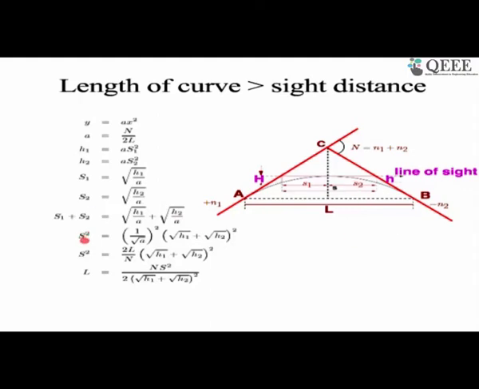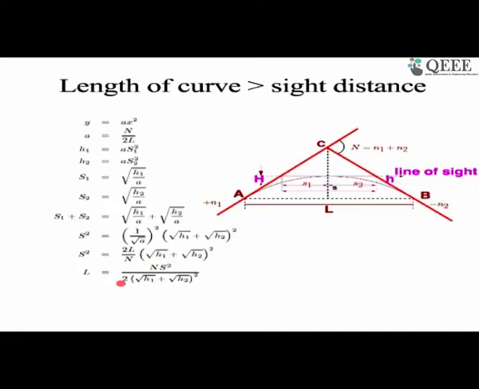If we square this, we are going to get this whole parameter, and this is going to give me 1 by a, and we already know a is equal to N by 2L. So if we replace it, we are going to get this equation. Now our intention was to find L, which is the length of the curve. So L we can find by this.